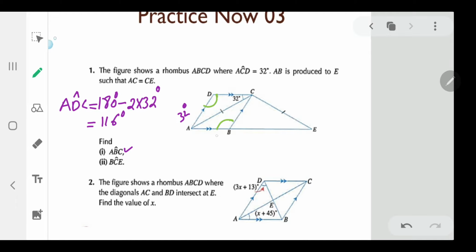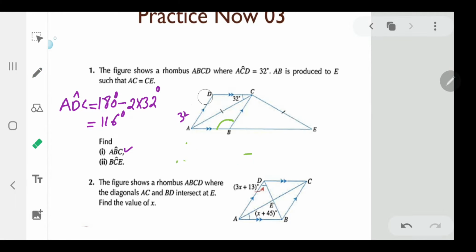So we can find the value of ABC. The value of ABC is equal to the value of ADC, which is equal to 116 degrees, right? So this is the first part we have answered. The part A is 116 degrees.